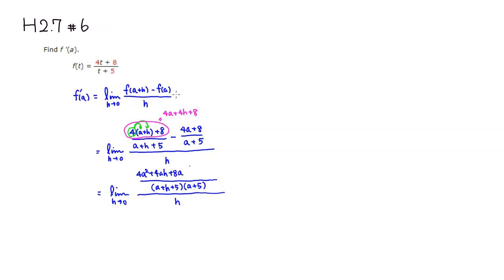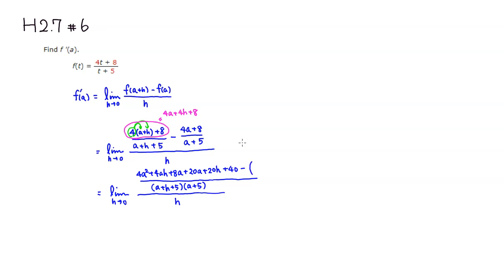Now distribute 5. 5 times 4a is 20a, 5 times 4h is 20h, and 5 times 8 is 40. Then a minus. Since we multiply a plus 5 by a plus h plus 5, we have to multiply the numerator by the same thing.